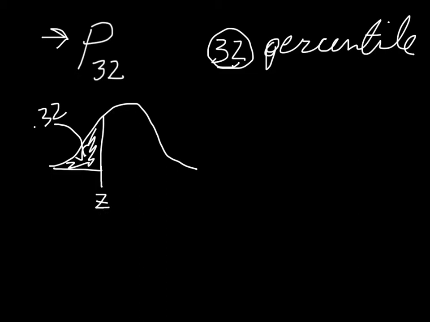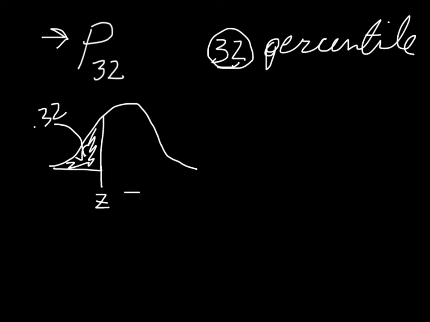So once again, I need to go to my table. I don't have my table in front of you right here, but I can do that quite quickly. The 32nd percentile is on the negative normal distribution. So it's 0.3200, and it looks like the closest one is negative 0.47.